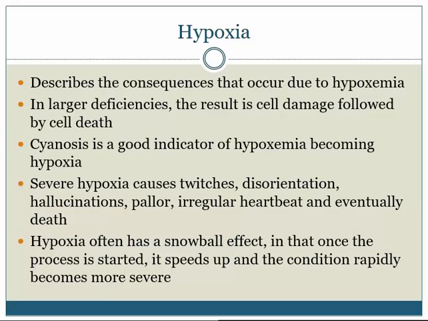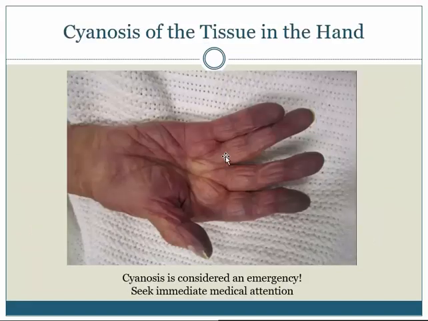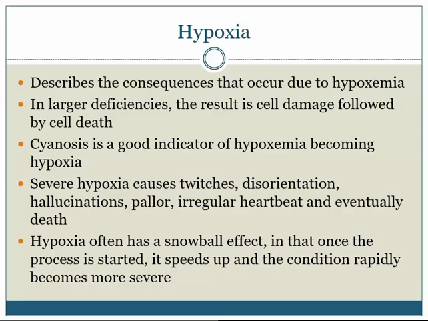With cyanosis, you start to see blue extremities, and you'll first see it in their fingers or the lips. That's where you want to look. And when you see cyanosis, that is an indicator that you have a medical emergency on your hands. Do not listen to what the patient's telling you of, oh, this is my normal, I'm fine. No, when you have a patient that is cyanotic, you automatically have an emergency situation on your hands.